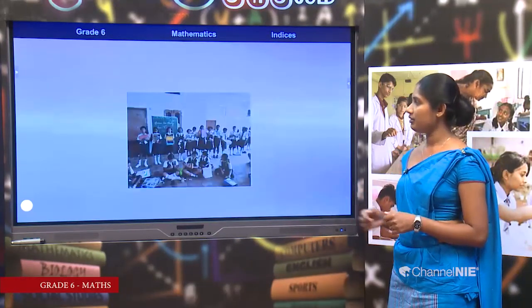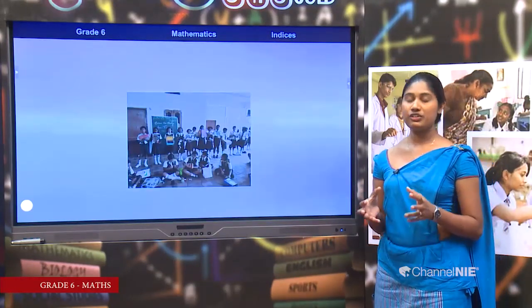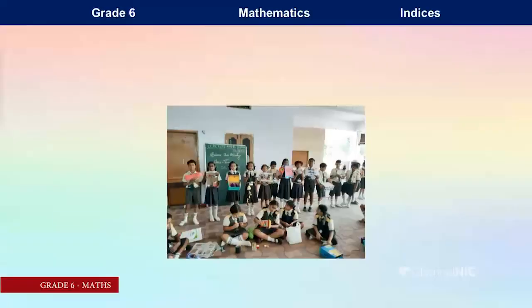Okay, we will see these children, students in the school. They are reading and they are doing their work. So, how many students are in our country? How many students are in grade 6 to 11? That is a very large number. When we write that number, it is very large. So, we can make these numbers concise like this.